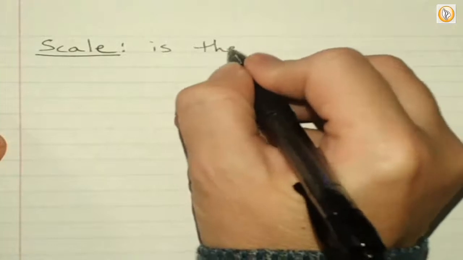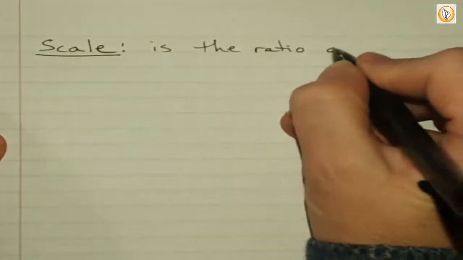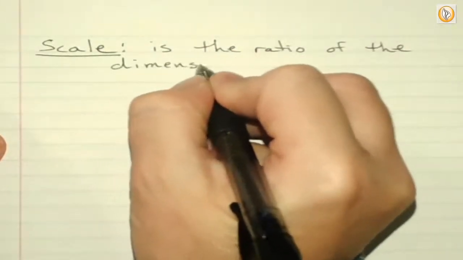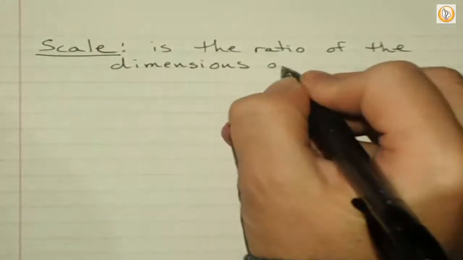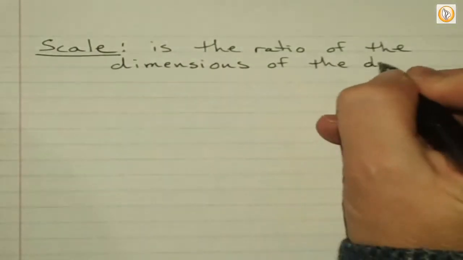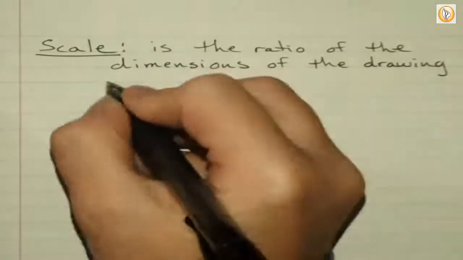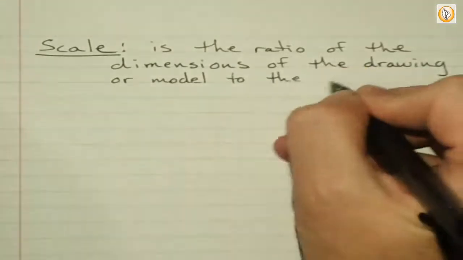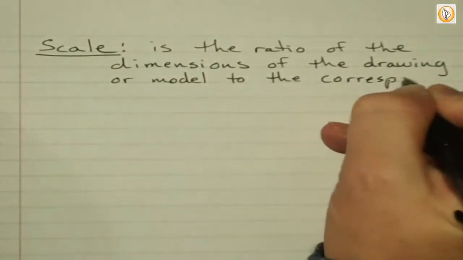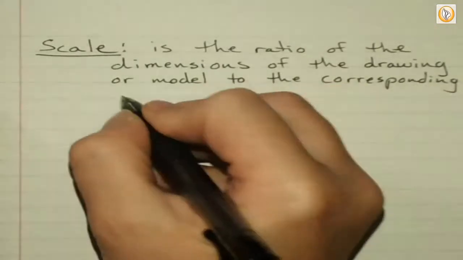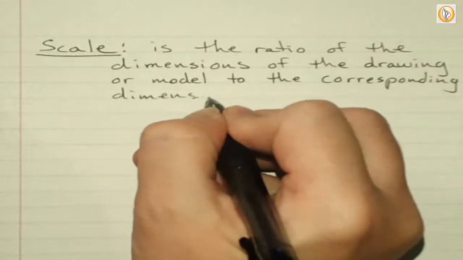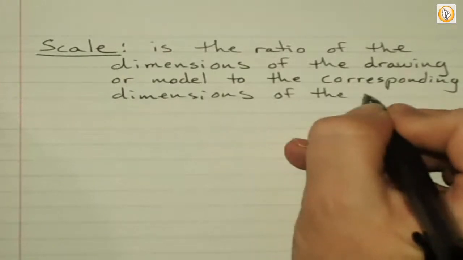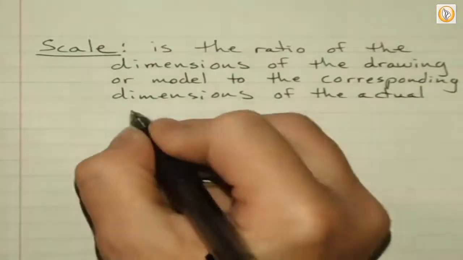Scale is the ratio of the dimensions, not dementia, dimensions, of the drawing or model to the corresponding dimensions of the actual object.